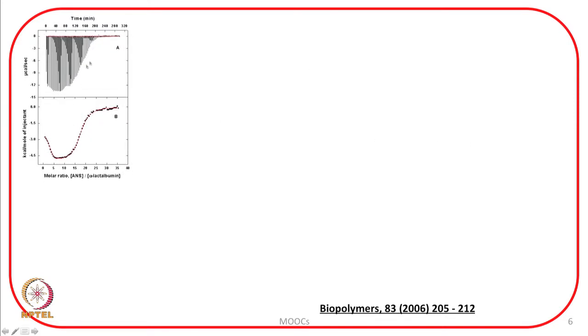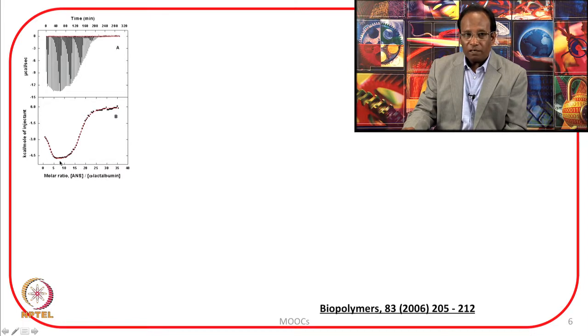This figure represents the titration of ANS with the A state of alpha lactalbumin or the molten globule state of alpha lactalbumin. As expected, the binding behavior is different than that observed with the native state and the denatured state. We get a valley kind of isothermal titration calorimetric profile.